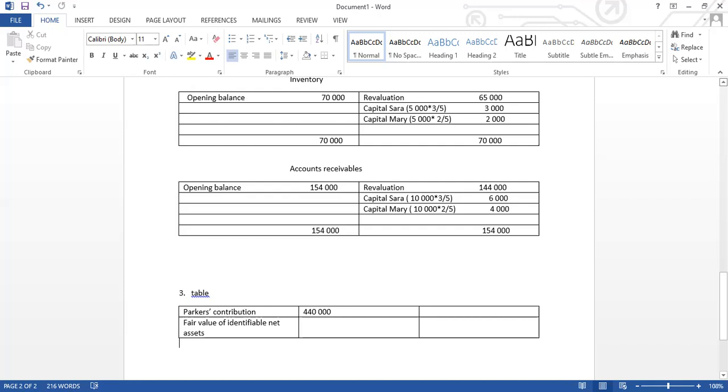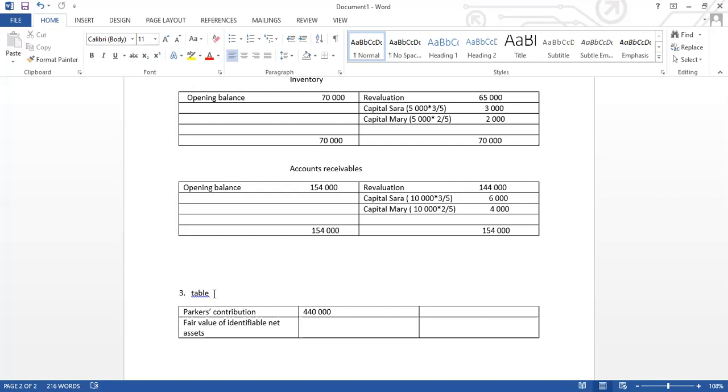Question 3, we were asked to calculate the amount of goodwill recognized when the new partner was admitted and prepare the journal entry for this effect. So calculating now the goodwill, this is the formula: the consideration amount minus the fair value of identifiable assets.